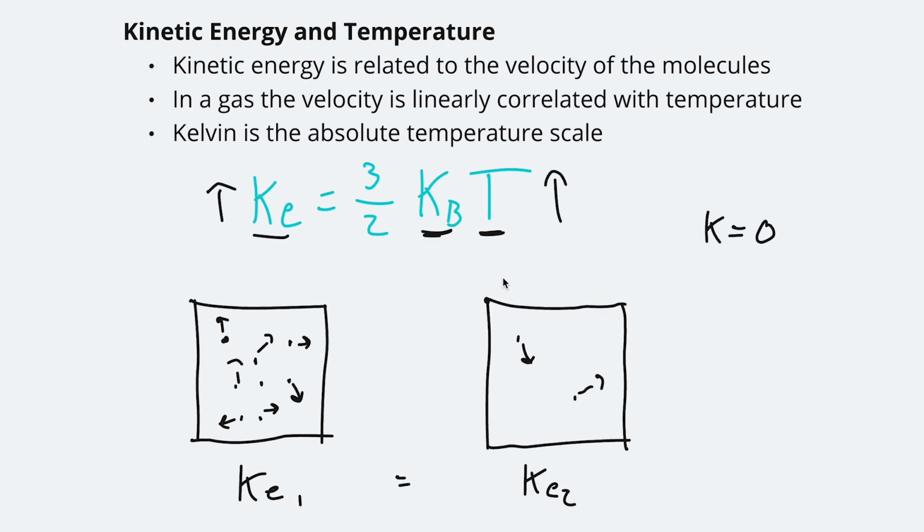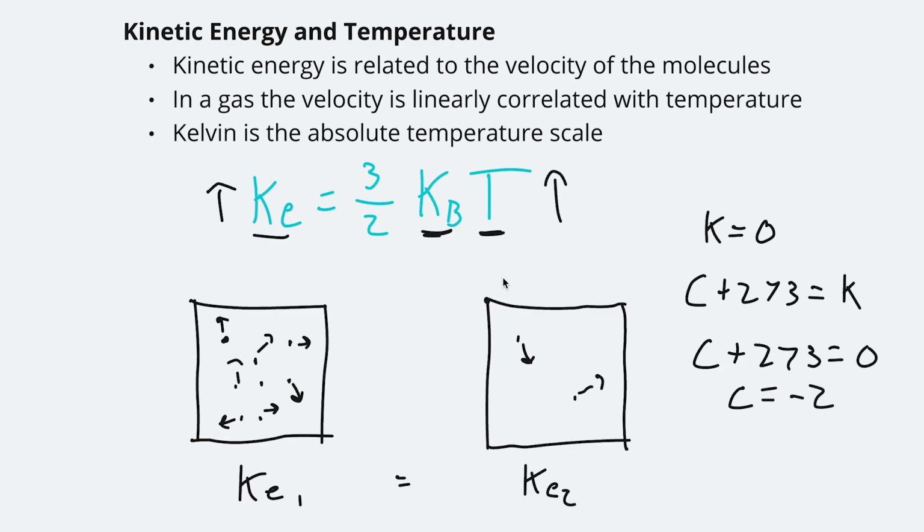And to get Kelvin from Celsius, all you do is Celsius plus 273 equals the degrees in Kelvin. So absolute 0 in Celsius would be C plus 273 equals 0. So in Celsius, that would be negative 273 degrees to be absolute 0.